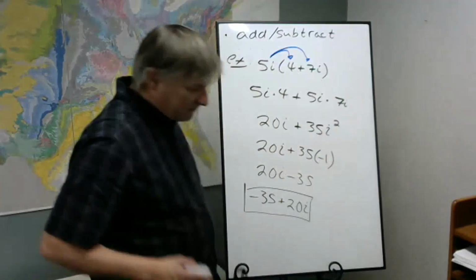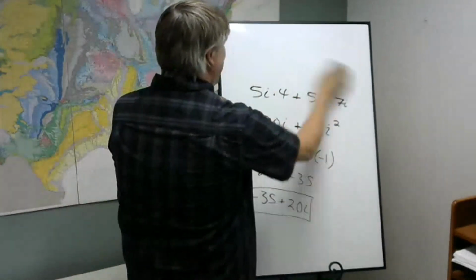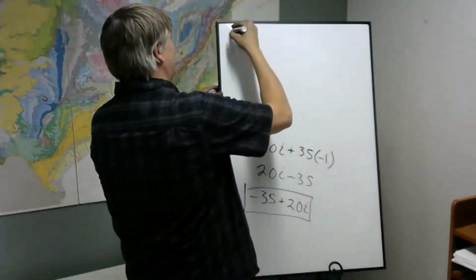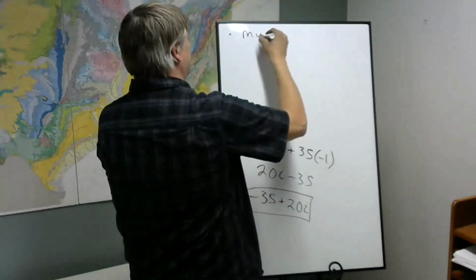Now, FOIL is something like this. We're not adding or subtracting, we're doing multiplication here. So I want to slip that last example under this header.